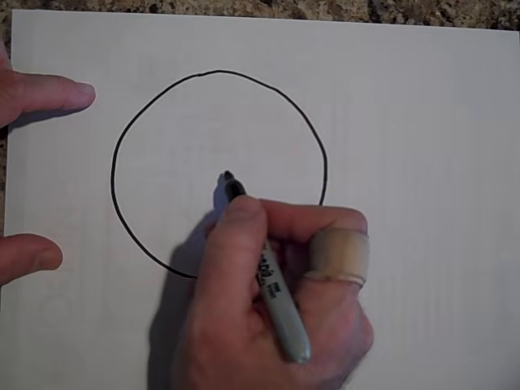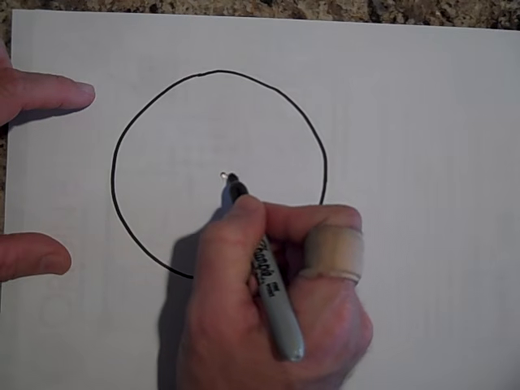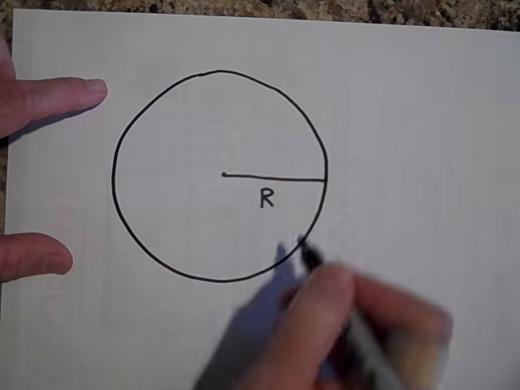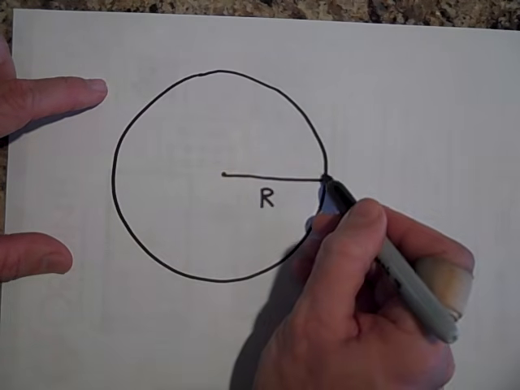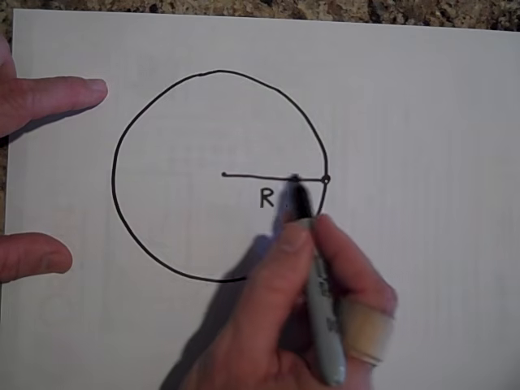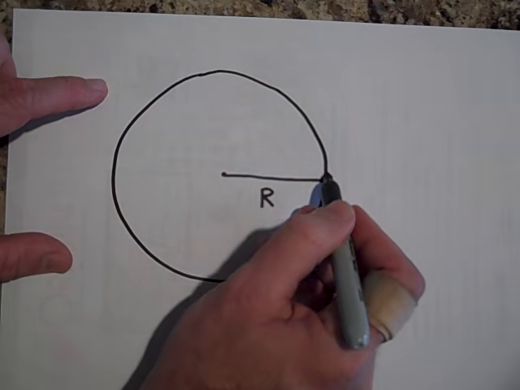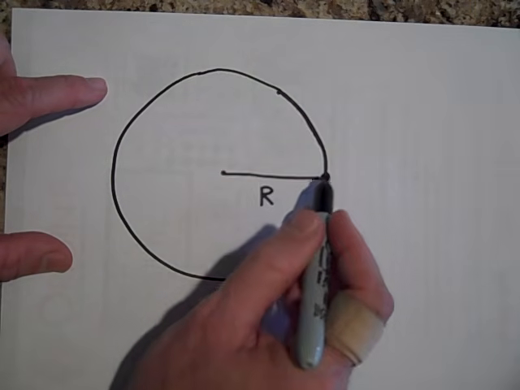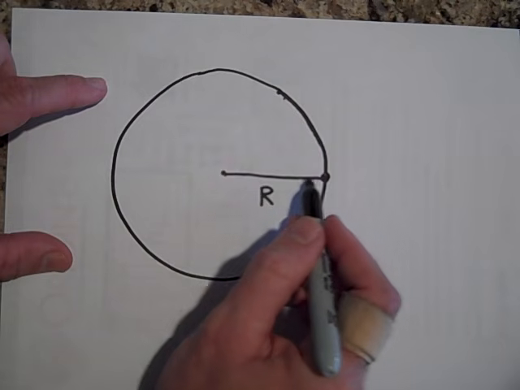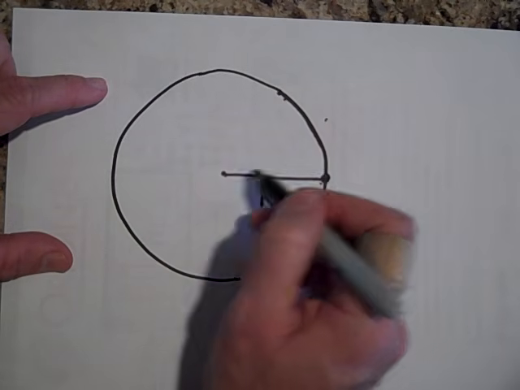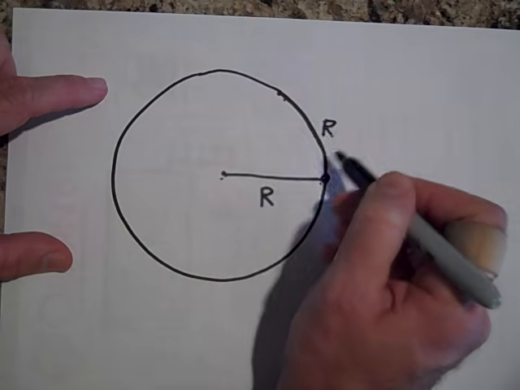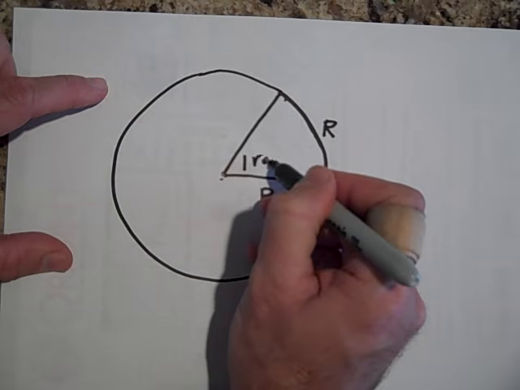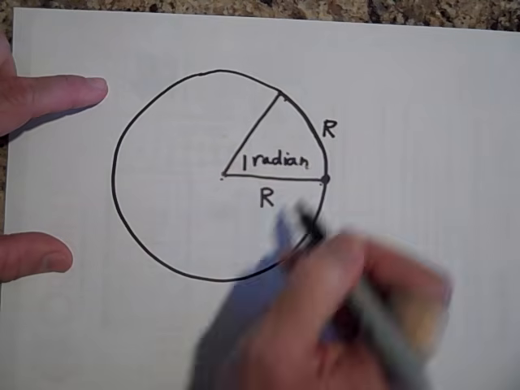So if you have a circle with a radius r, and you start at the edge of that circle and walk one radius around the circle, so that would be right about there maybe, would you say that distance is equal to this distance? Because if this distance and this distance are equal, then you've just walked through 1 radian of angle. So that's what a radian is.